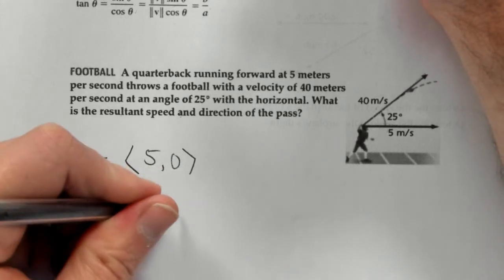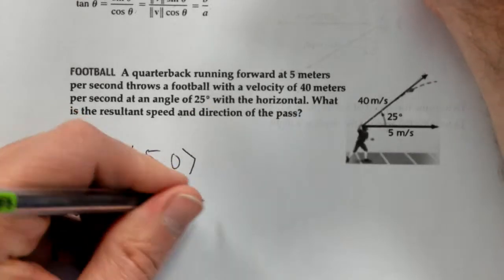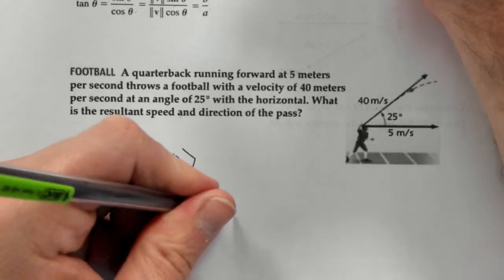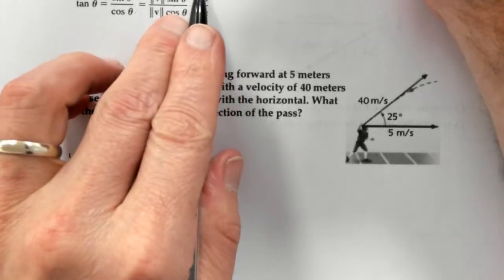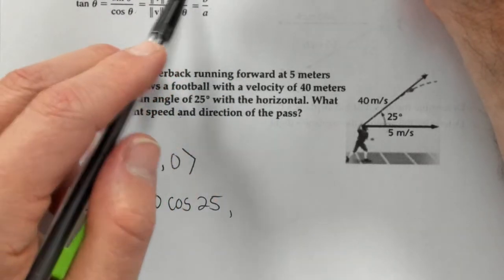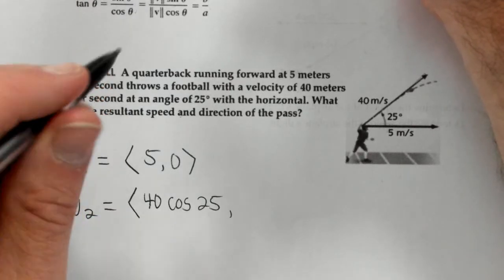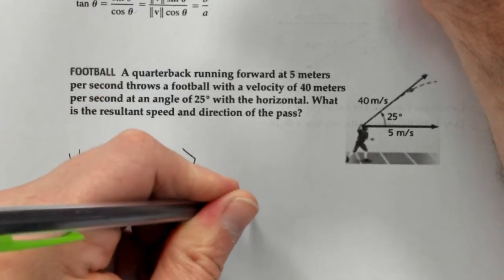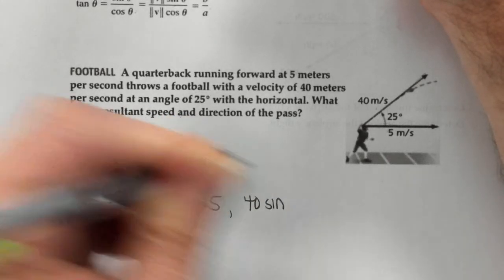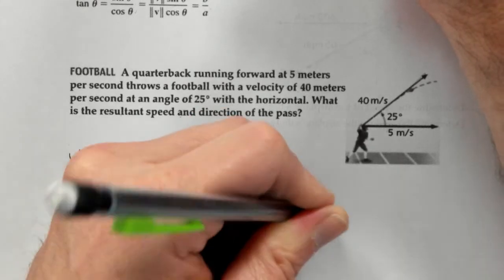So that's 40 times the cosine of 25 degrees. And the other component, the J component, is going to be the same velocity, 40, but times the sine of 25 degrees. So that would be the I component.